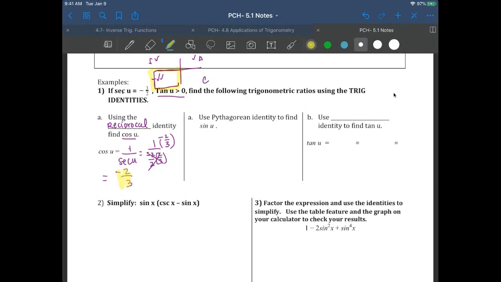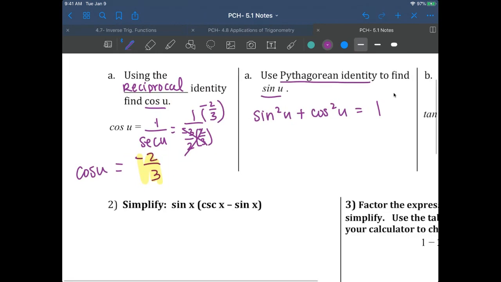Next up is the Pythagorean identities to find sine. Well, let's write cosine of u equals negative 2 over 3. I know that I'm trying to find sine, so I'm going to do sine squared u plus cosine squared u is equal to 1. We'll start with that identity, and then we're going to solve for sine squared u.